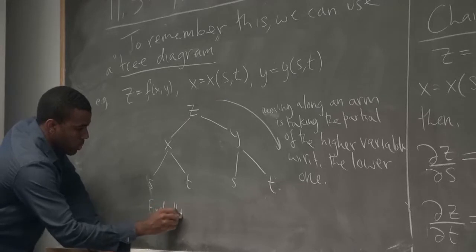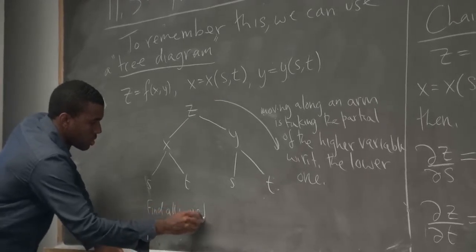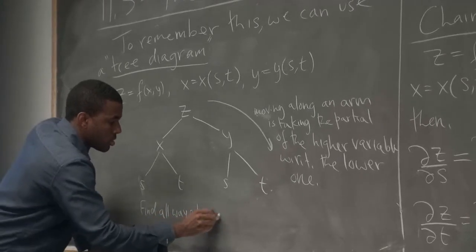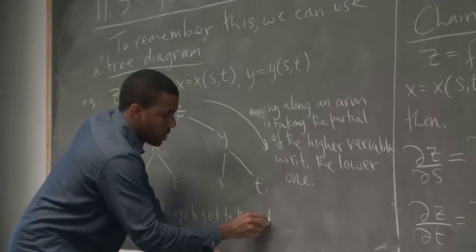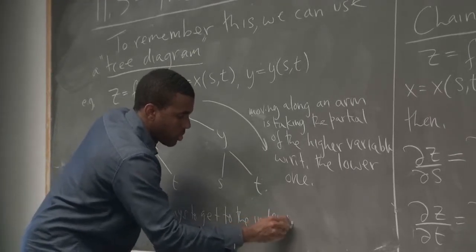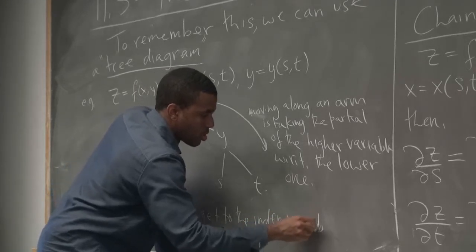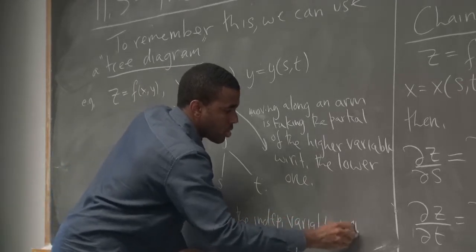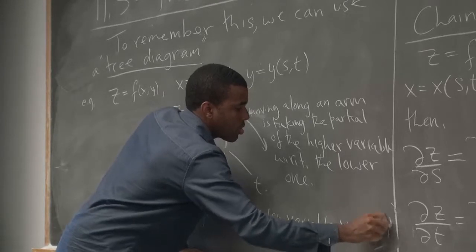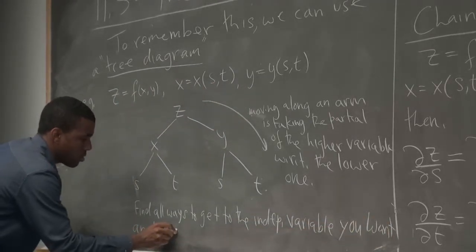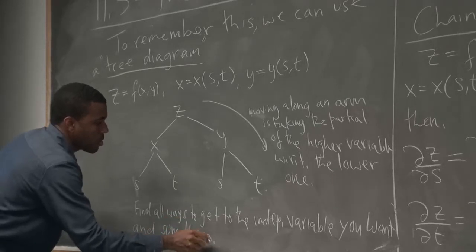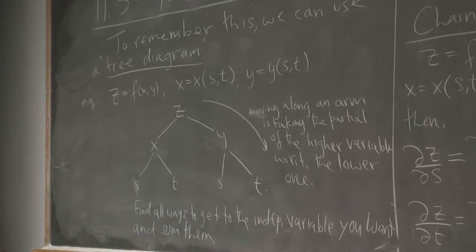Find all ways to get to the independent variable you want, and sum. What do I mean by that?